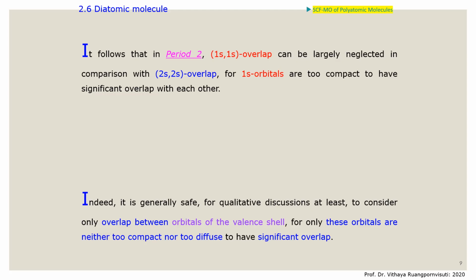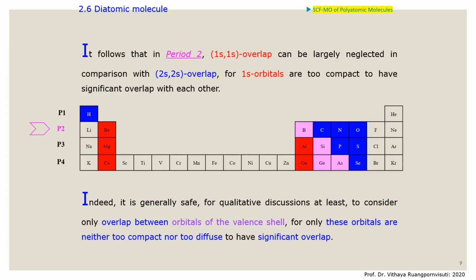It follows that in period 2 of the periodic table, the overlap between 1s and 1s orbitals can be largely neglected in comparison with the overlap between 2s and 2s orbitals, for 1s orbitals are too compact to have significant overlap with each other.